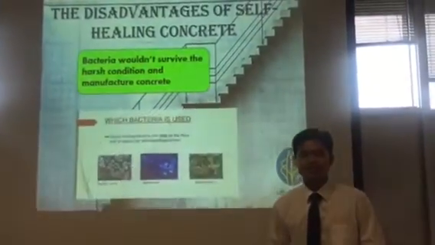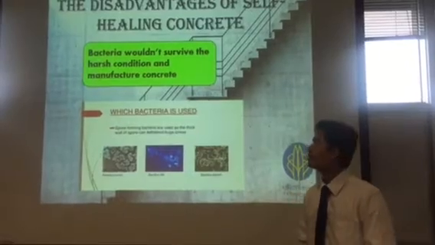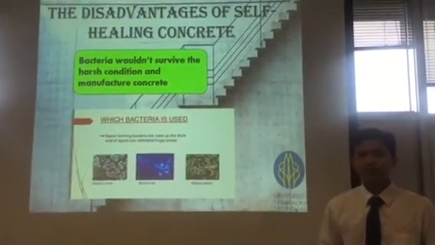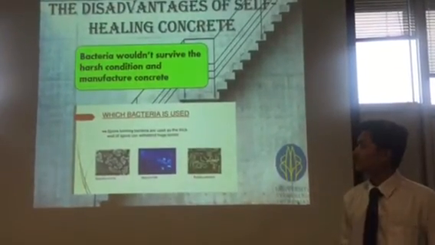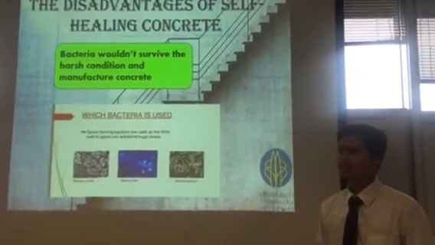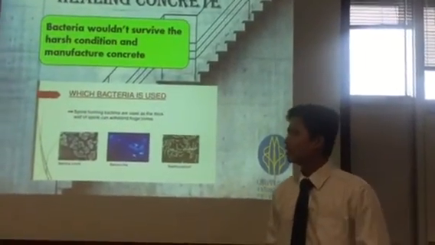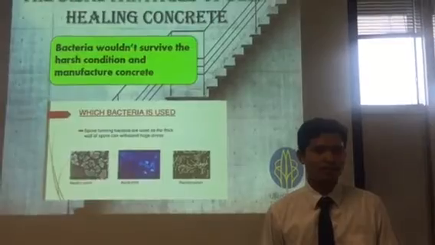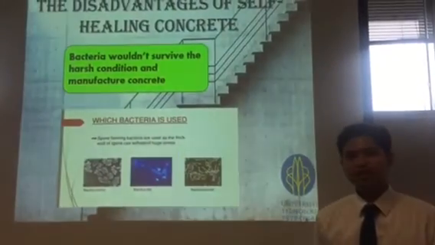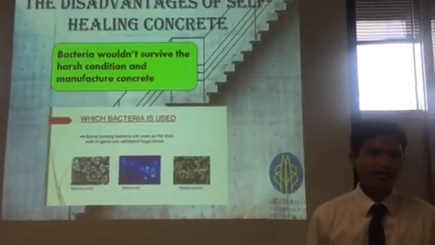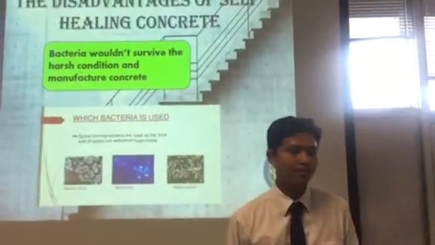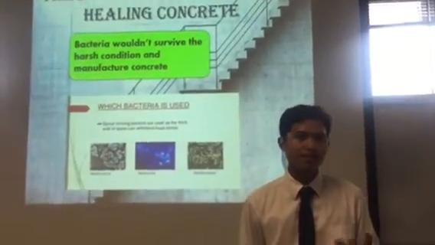So of course nothing is perfect, right? The disadvantage is that the bacteria wouldn't survive in the harsh conditions of manufactured concrete. That's why we use very powerful bacteria, which are bacteria that produce spores, which are very good in terms of toughness. They can last up to 100 years.